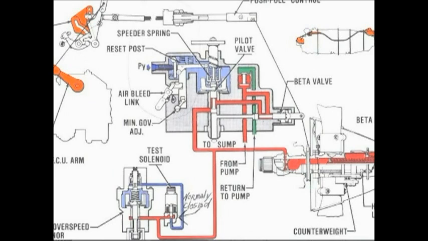The picture of this next schematic we have is the governor and propeller in cruise configuration. Here we have the propeller, and the propeller is full of high pressure oil, keeping the blades at a particular angle.